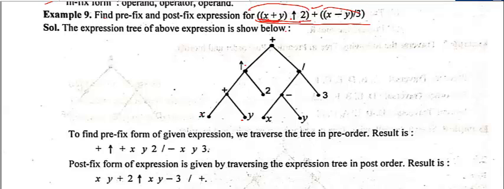So first you have the root, correct? You have a plus, very much clear. Then left, then left. Now you have visited the root of this, then left, left, correct? Now you have visited the root, then left, then left, then right.